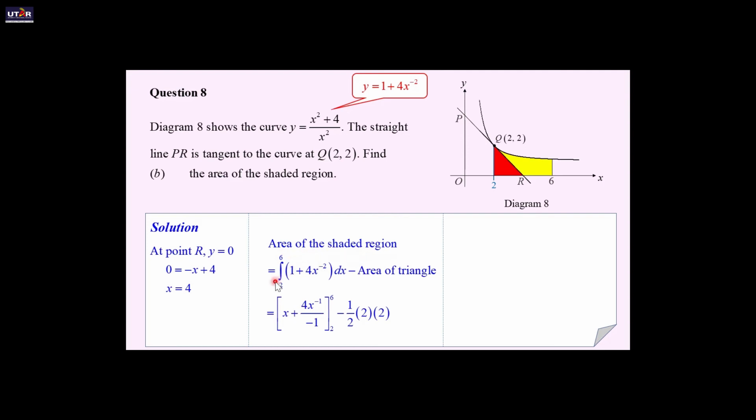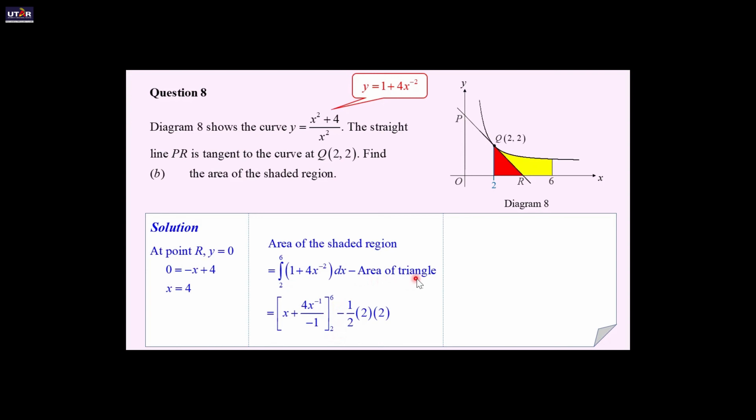Let us continue to find the area of the shaded region. For the area under the curve, we have to integrate (x squared plus 4) over x squared. When you simplify it, it will become 1 plus 4x to the power of negative 2. So this will give you x plus 4x to the power of negative 1 over negative 1. We have to evaluate the integral by substituting x equal to 2 and also 6.